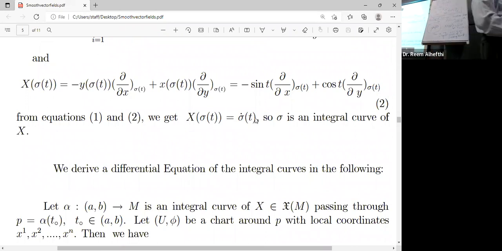Okay. This is an example, but we can derive the differential equation of an integral curve.